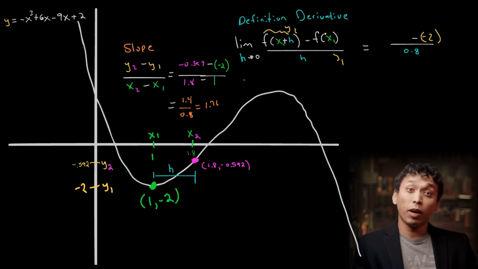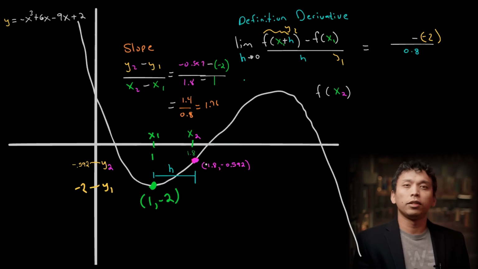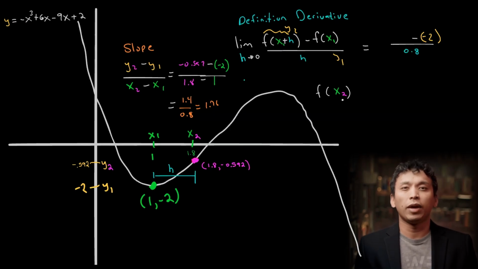But we're going to express y2 as a function of x. The first logical step is that this is supposed to be f of x2, but we're not going to use x2. We re-express x2 as a function of h. Looking at the distance here, we have x1 down here.